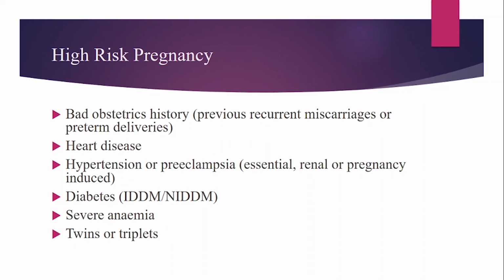These are women with bad obstetric history, which could include previous history of recurrent miscarriages, preterm deliveries, intrauterine fetal death, or poorly controlled medical conditions in pregnancy, like heart disease, hypertension or preeclampsia, which could be essential, renal, or even pregnancy-induced hypertension.